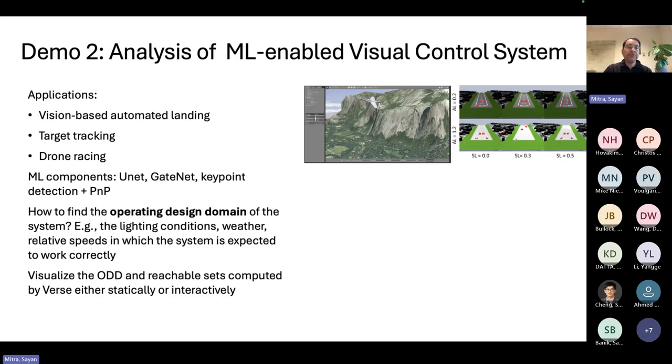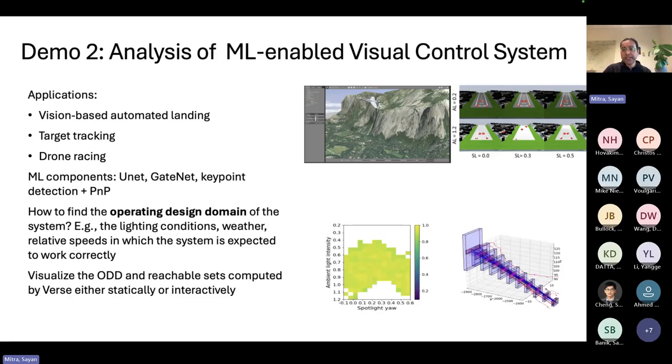So we want to use verification as a way to identify what is the ODD of such vision-based control systems. And we can then visualize the ODD and the reachable sets that are being computed by Verse, either statically or interactively.